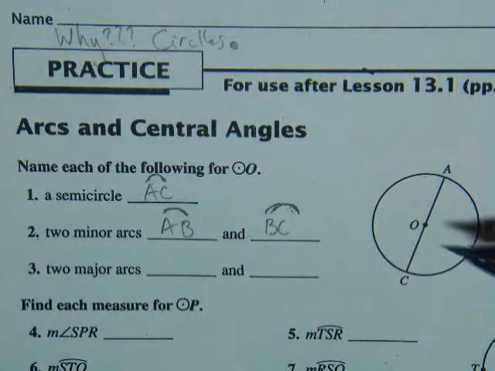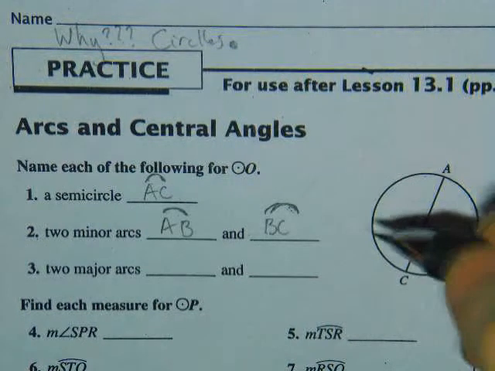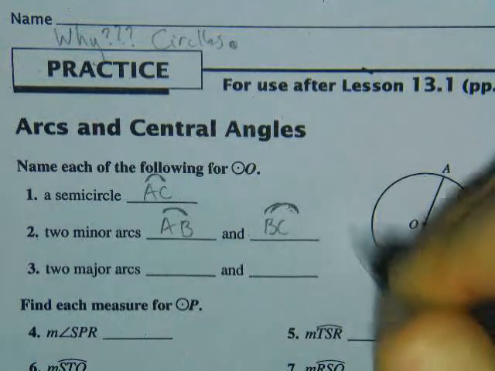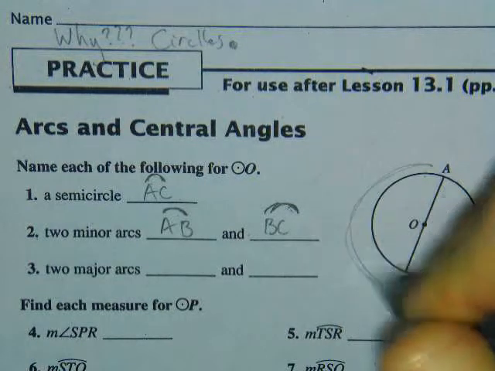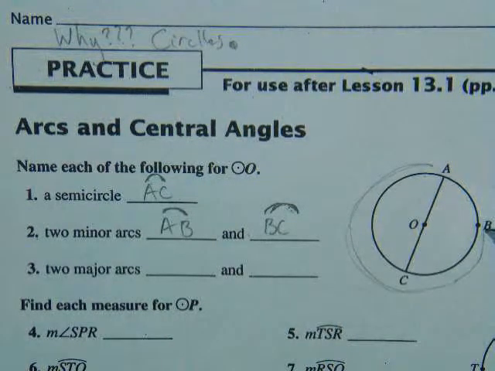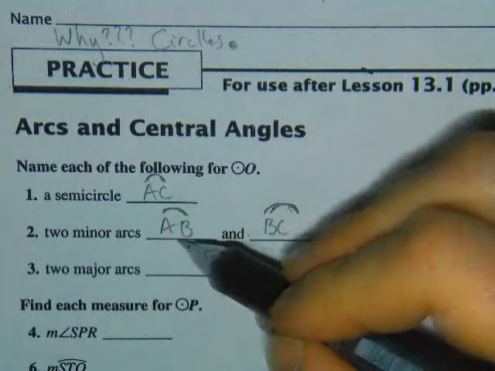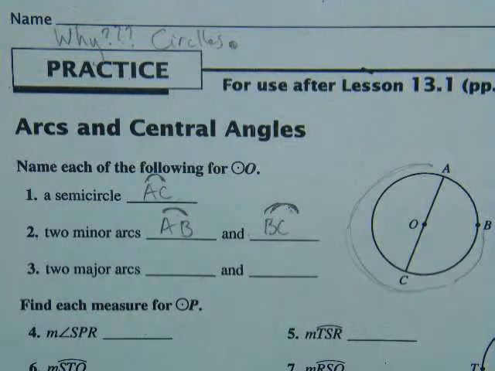Alright, major arc, greater than 180. And you know, if I'm thinking about this major arc, I might be prone to call it just B to A. However, that's the same as we have here, and it represents a minor arc. So how do we get around that? Well, we just use three letters, okay, and it shows our path.